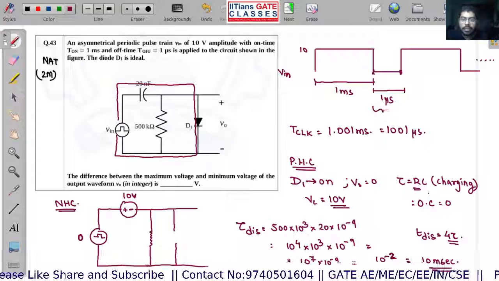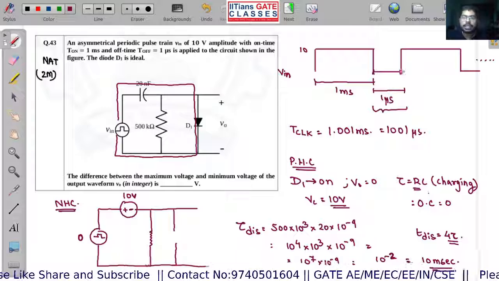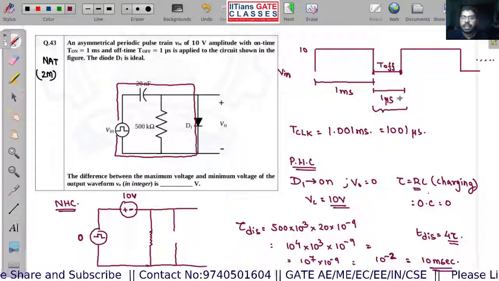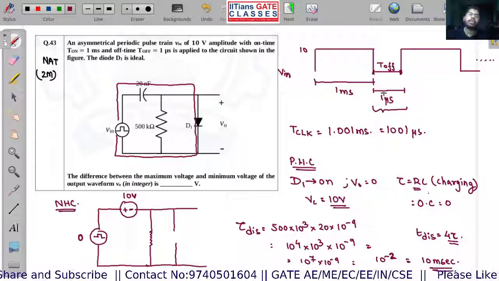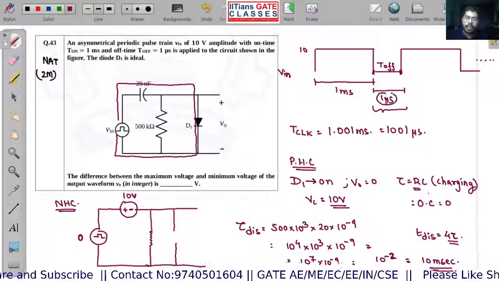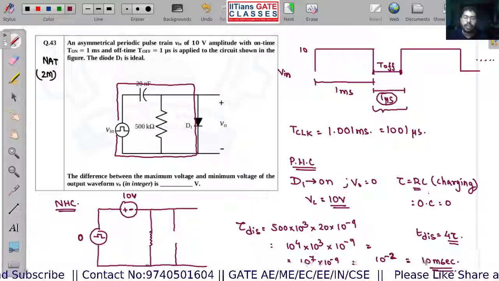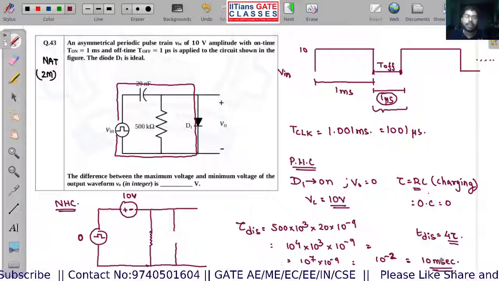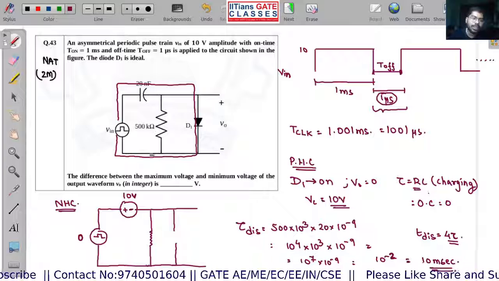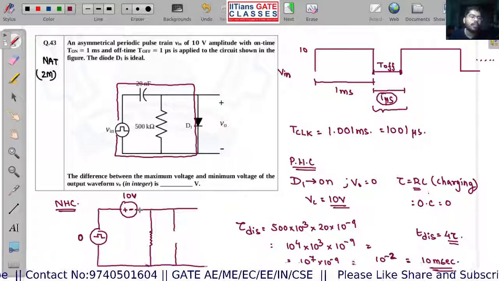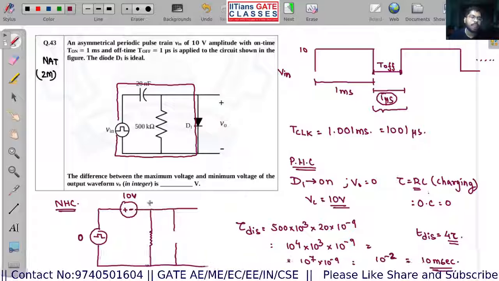But here only in this negative T by 2 of time is your capacitor discharging, and for how much duration is this? It is for 1 microsecond, whereas the capacitor will discharge completely in 40 milliseconds. So this is very large, and the capacitor will discharge negligibly.